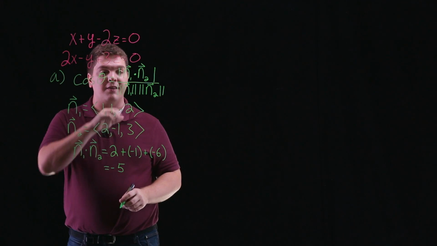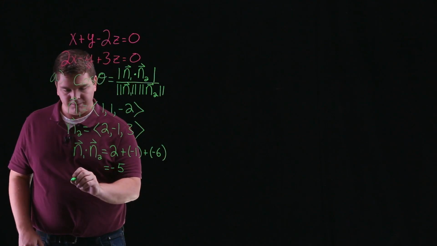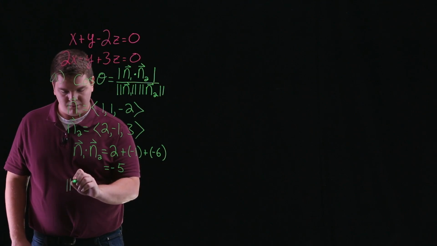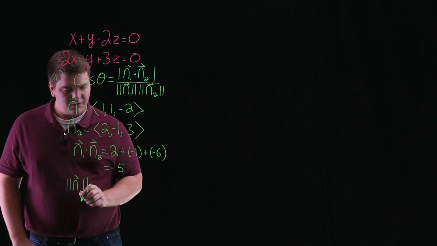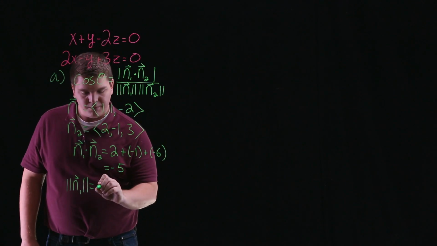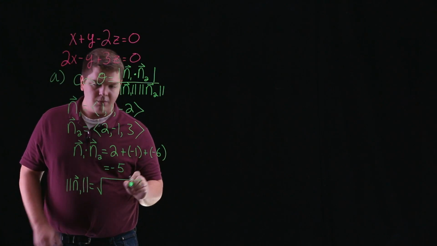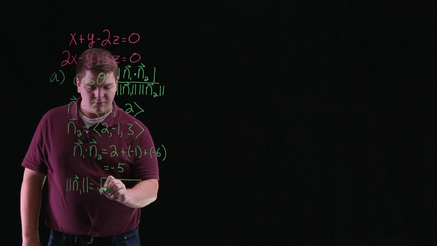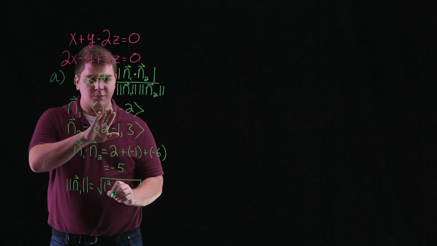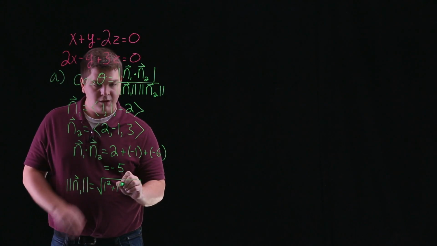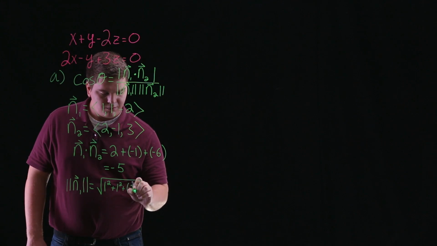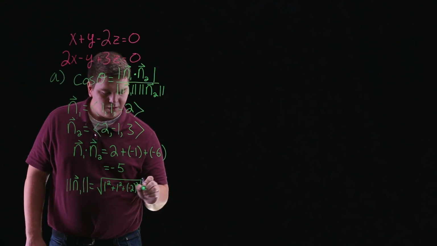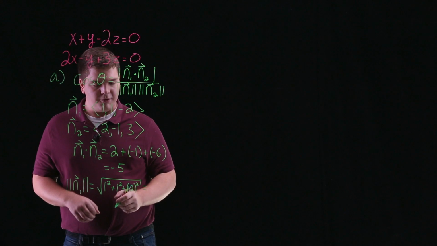Now let's find the magnitude of n1. This is going to be equal to the square root of 1 squared plus 1 squared plus negative 2 squared, which is going to be equal to the square root of 6.